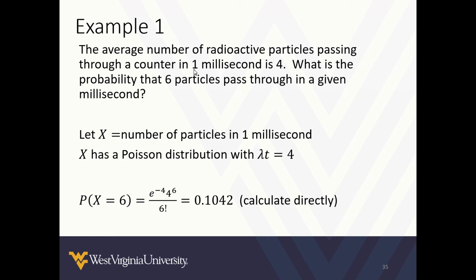And we were asked to find the probability of exactly 6. So the probability of x equal to 6, plugging into our formula, that would be e to the negative 4 multiplied by 4 to the 6 over 6 factorial. This is a simple plug into your calculator situation, and we'd have a probability equal to 0.1042, or in other words, the probability is about 10%.